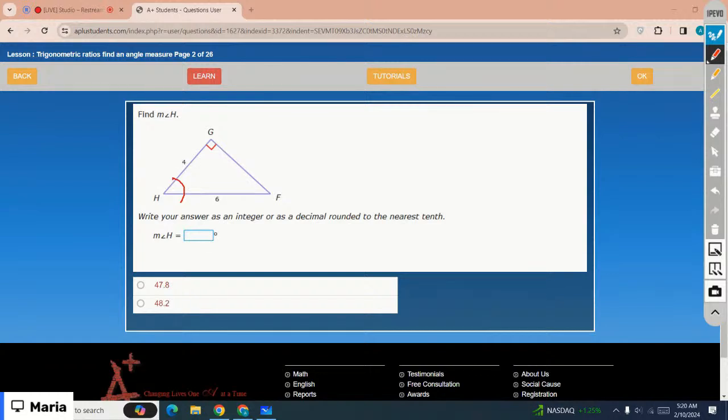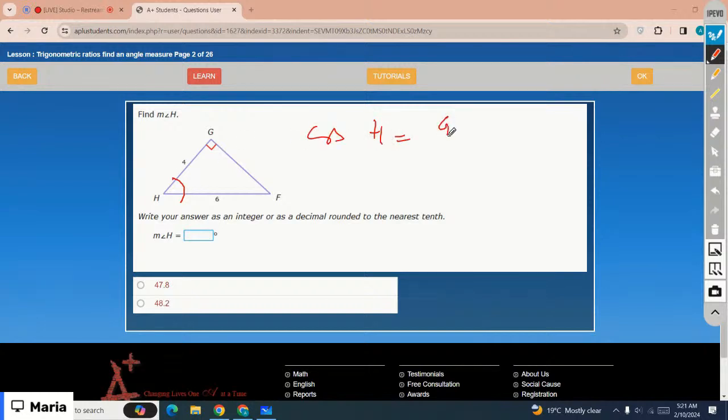So you can calculate cos of angle H, right?